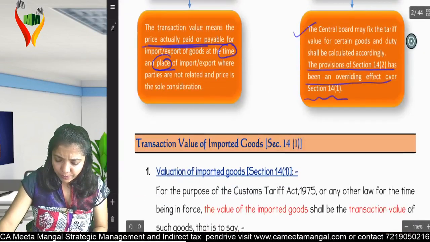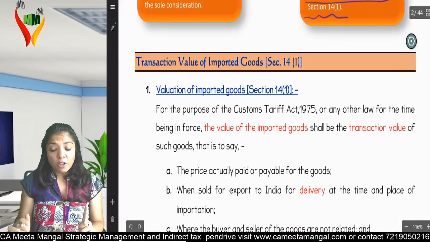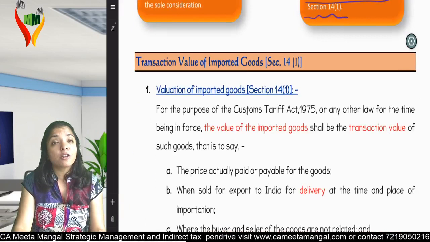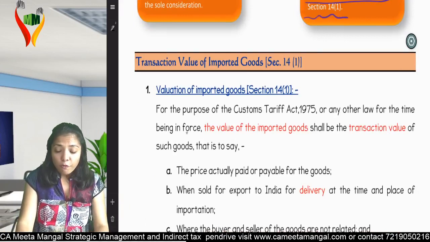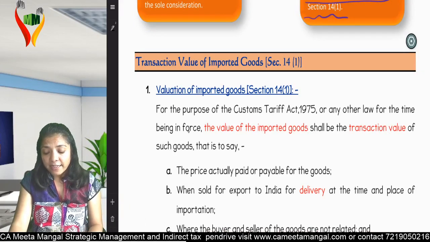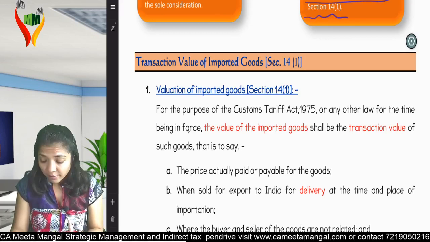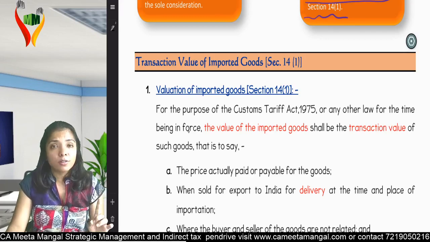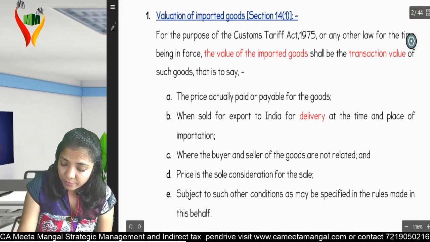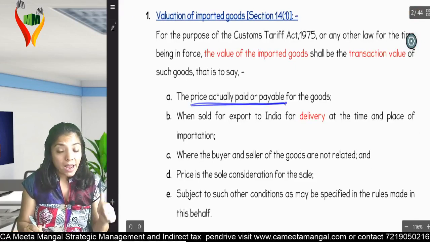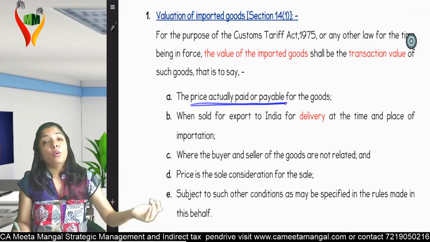Let's go in depth again. Transaction value of imported goods. Valuation of imported goods, section 14, subsection 1. For the purpose of the Customs Tariff Act 1975 or any other law for the time being in force, the value of imported goods shall be the transaction value of such goods, that is to say, the price actually paid or payable, when sold for export to India.